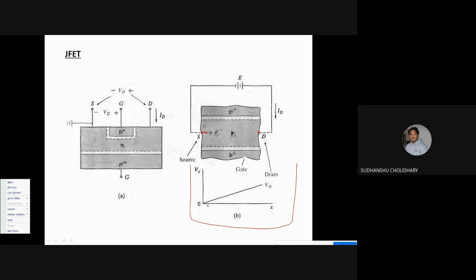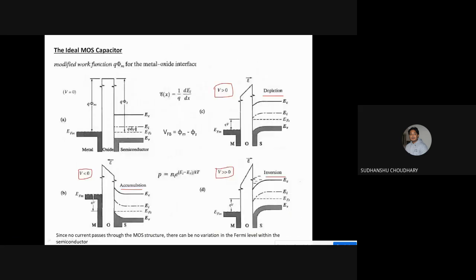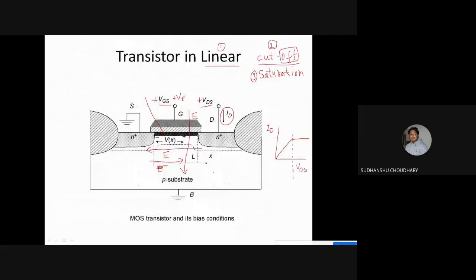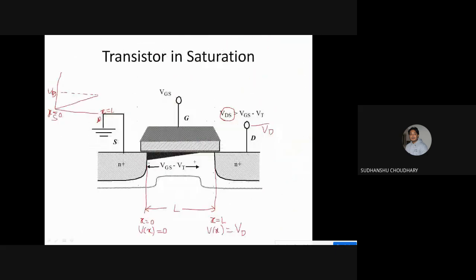It increases from 0 to VD as you move from source to drain. The same thing applies here also in MOSFET, that is, my channel potential Vx is increasing.